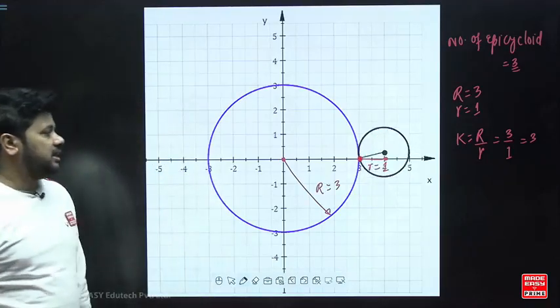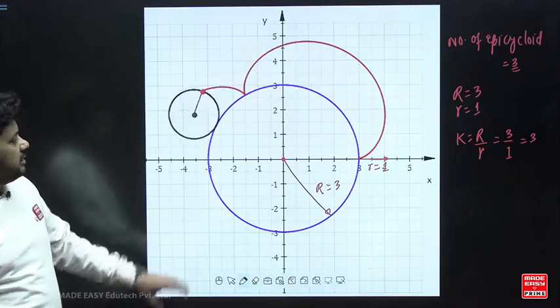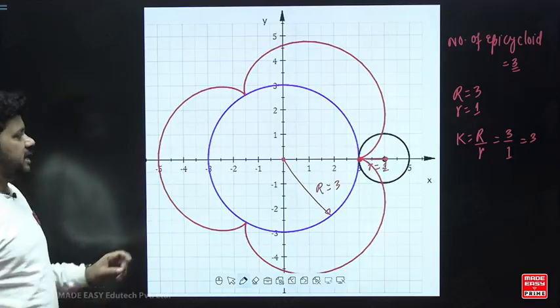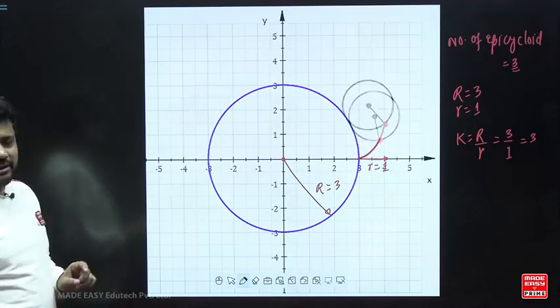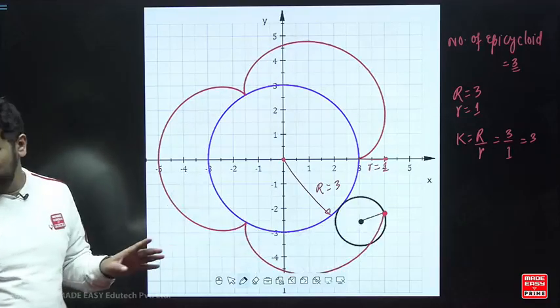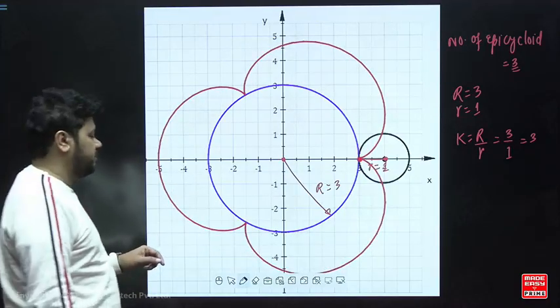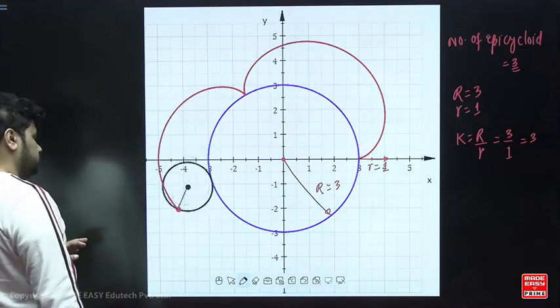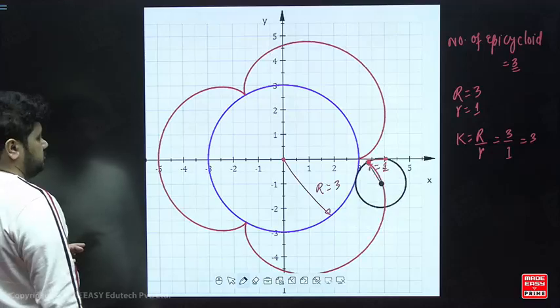So you can see that epicycloid and you can appreciate this analysis that we have done, right? So if n is the number of epicycloid and if k is the radius ratio, then number of epicycloid will be always equal to radius ratio. It is quite clear from this particular figure, है ना? देखो आपके सामने ही है ना?